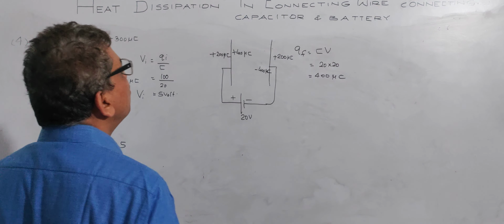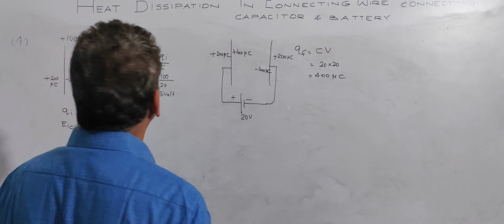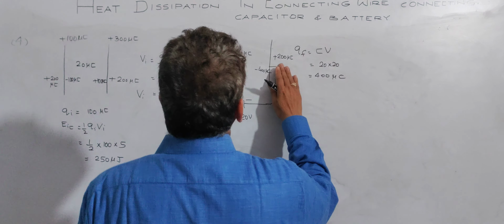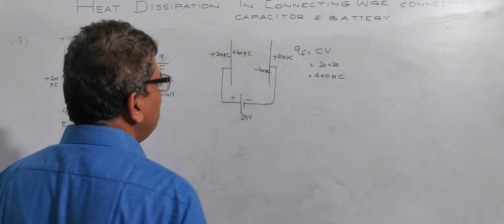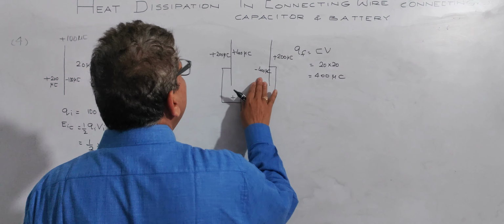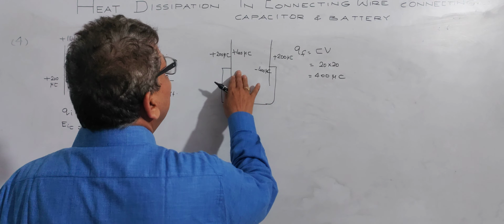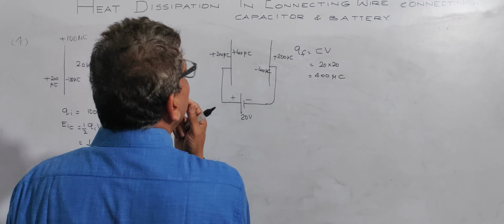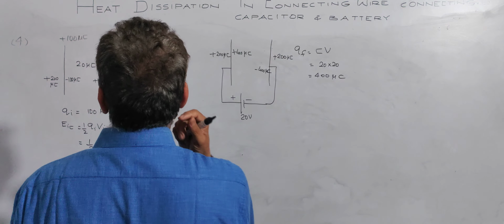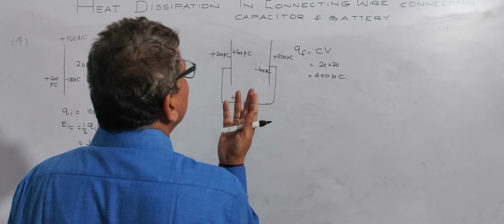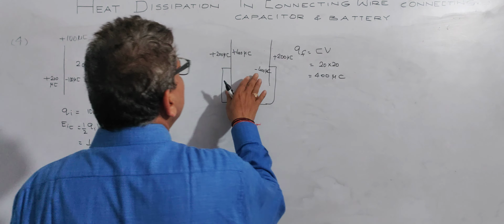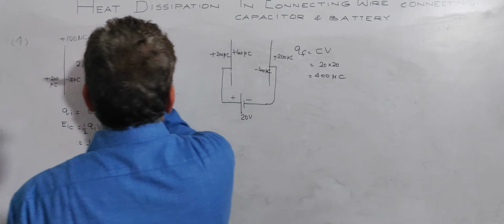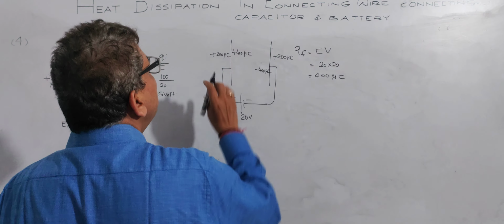Plus 200 microcoulomb, and this will have plus 200 microcoulomb of charge. Is it clear? These two get cancelled, 200 will become 400 microcoulomb. So this will be the distribution of charge.